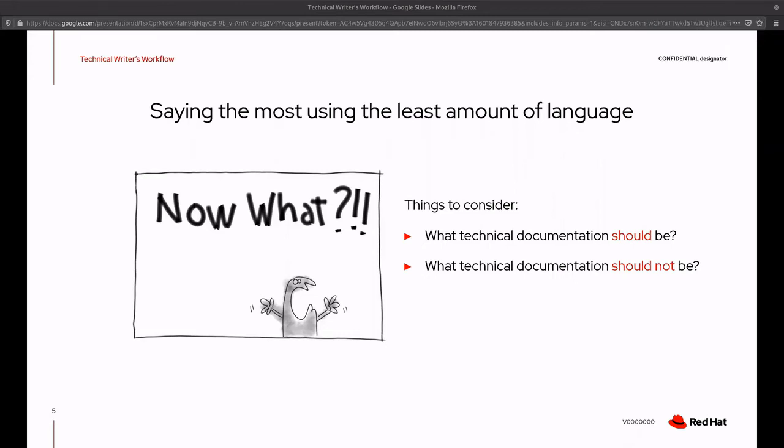I think also apart from the language, which is very aptly expressed in the quote you have on the slide, saying the most using the least amount of language, I think also the structure is very important, and thinking about making it very logical and consistent, so that when the user is reading the, let's say, manual, they always know what to expect.